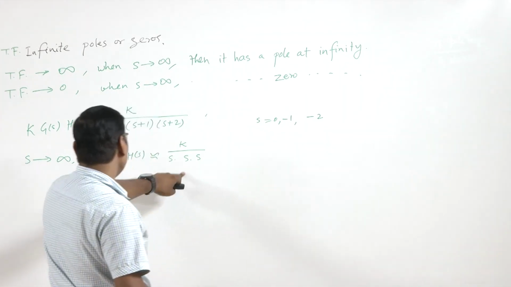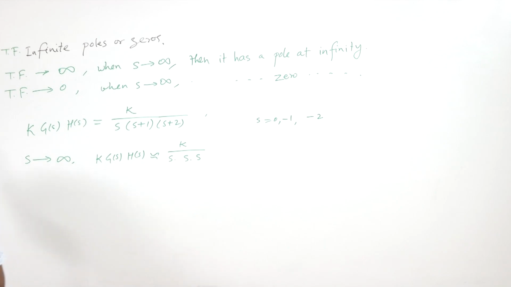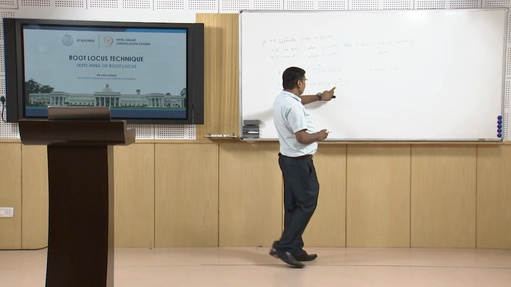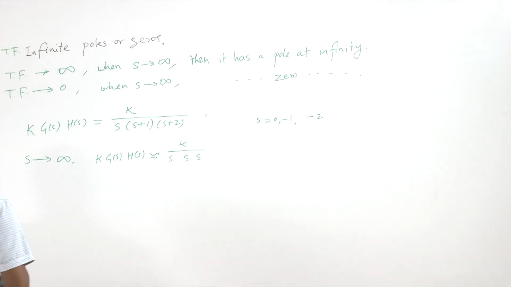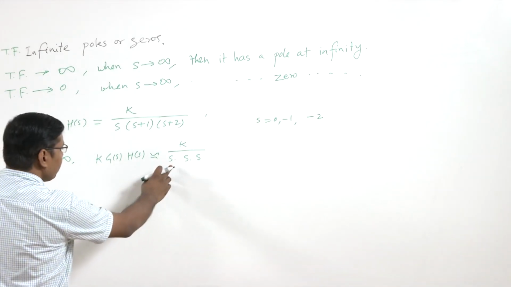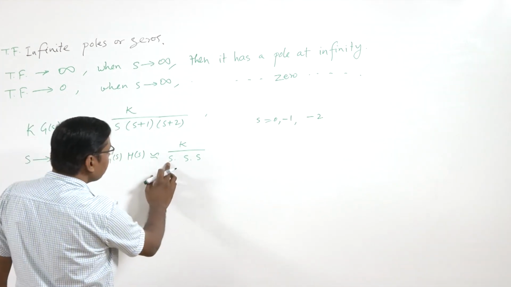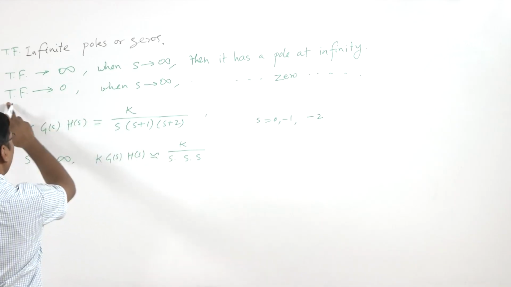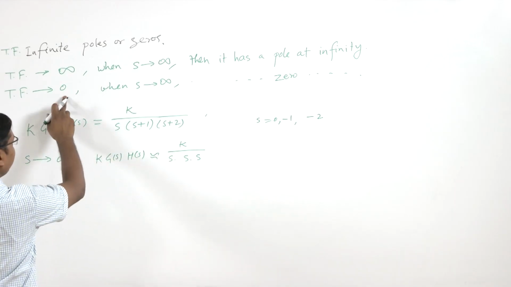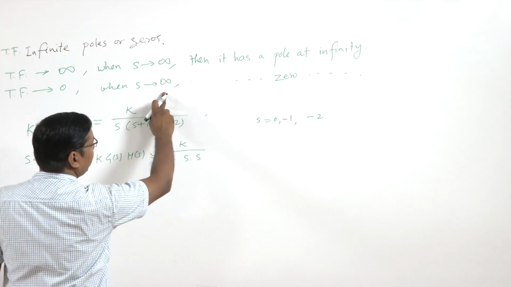Now each s in the denominator causes this open loop transfer function to be 0 when s tends to infinity. So when s tends to infinity, each s value will cause this transfer function to be 0, and therefore the transfer function is tending to 0 when s is tending to infinity.